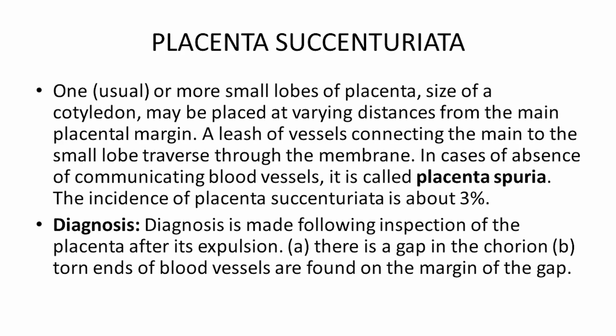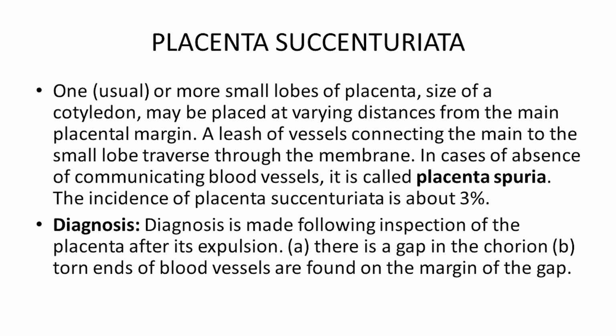The placenta also performs some transport function, transporting gases and nutrients from the mother to the fetus. One of the various forms of placenta anomaly that we're going to consider today is placenta succenturiata, or a succenturiate lobe of the placenta. This usually occurs when there are one or more small lobes of the placenta the size of a cotyledon, which may be placed at varying distances from the main placental margin.